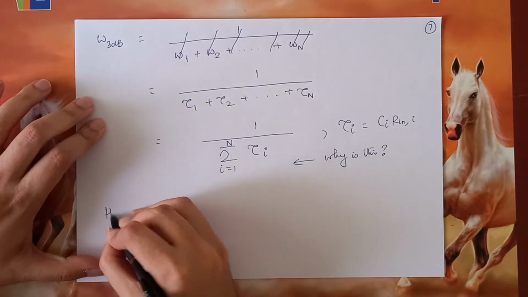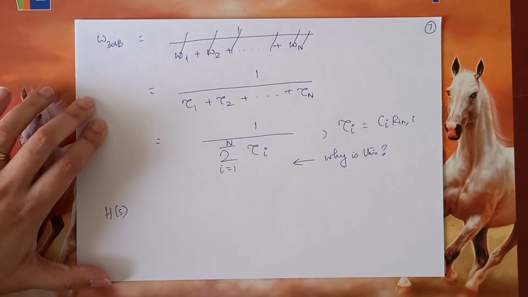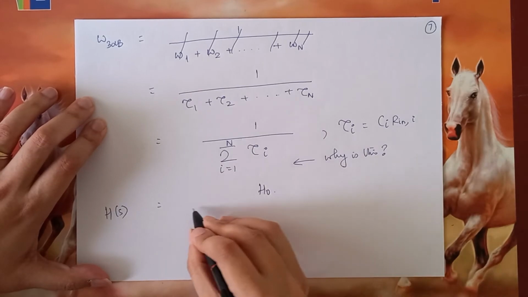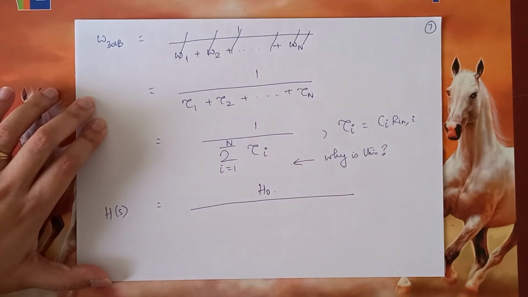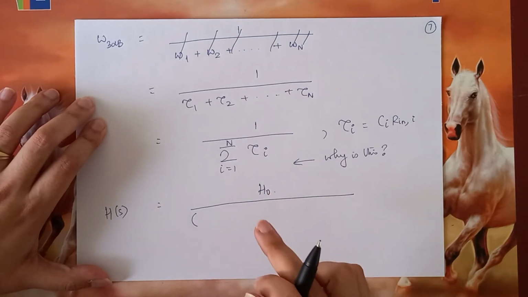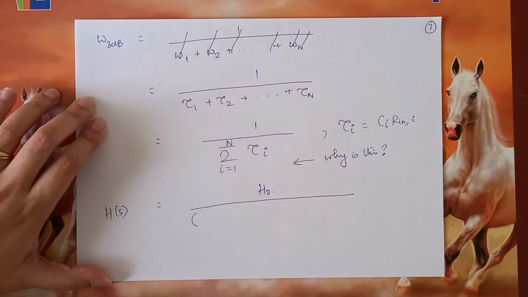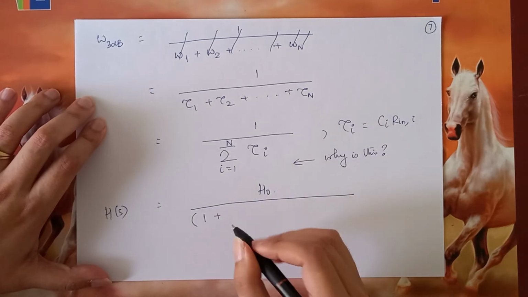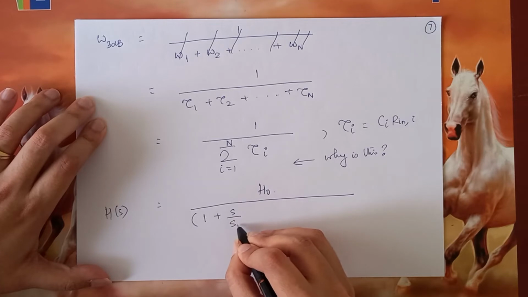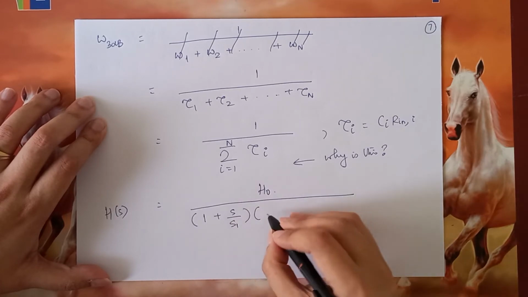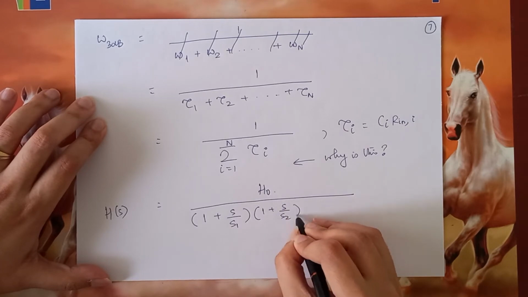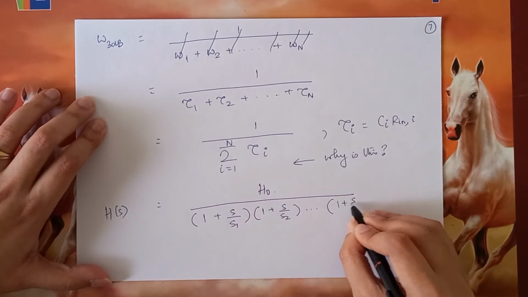Let us say the transfer function in general is low pass, which is quite correct, and it looks something like this: H0, which is a constant, divided by, let us say it's a function of S, 1 plus S by some S1 times 1 plus S by some S2 all the way till 1 plus S by Sn.